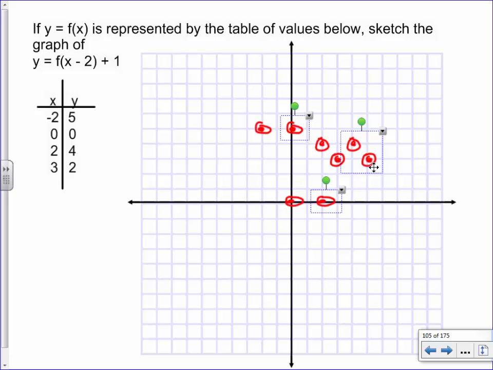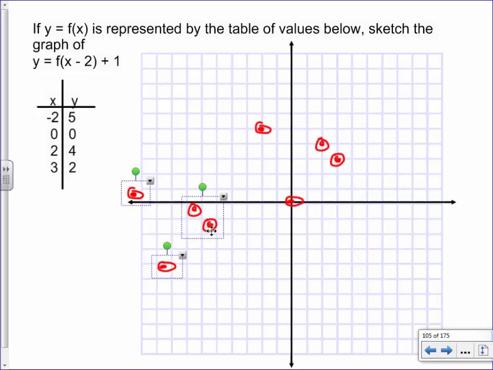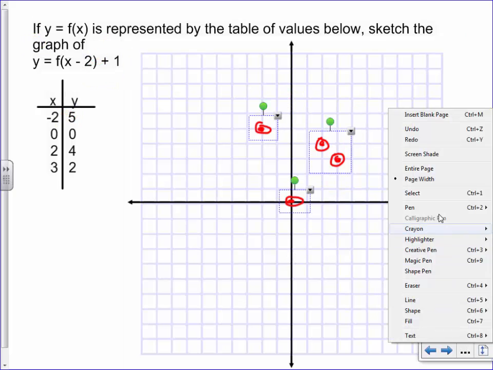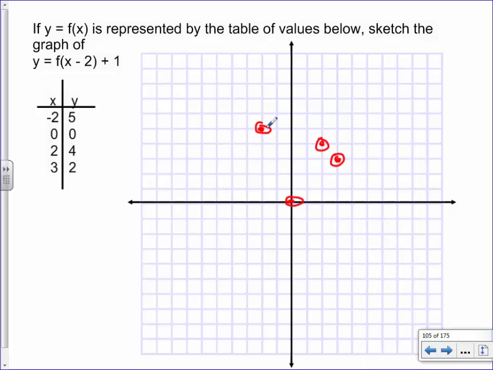Now they're all to the right by 2. I wish I could change the color because that's kind of confusing. But maybe I'll do it with a different color then. So this one would have gone over 2 and up 1. This one would have gone over 2 and up 1. This one would have gone over 2 and up 1. And this one would have gone over 2 and up 1.